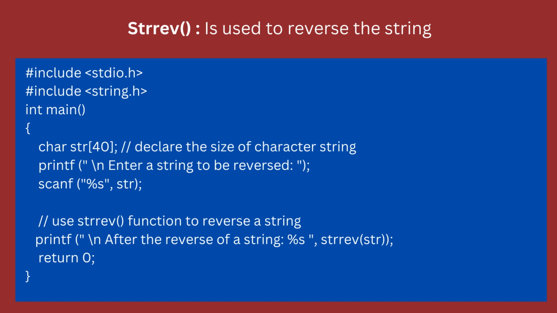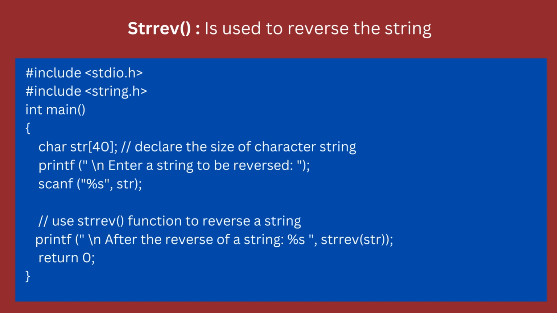Then here we are using the strrev function. If the user enters abc, then what this function will return is cba, meaning it reverses your string. After reversing the string, with percentage s and strrev, we put the string that we want to reverse into it.